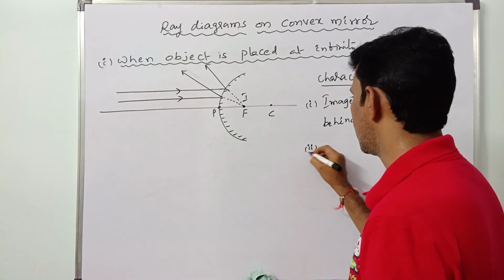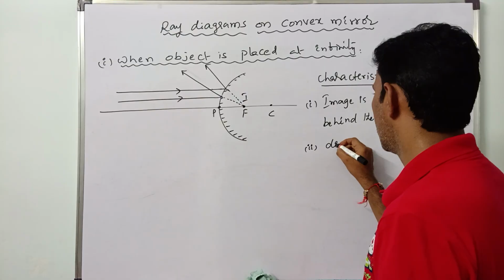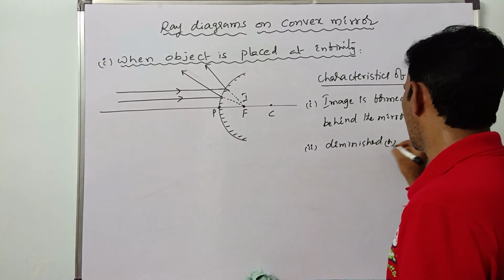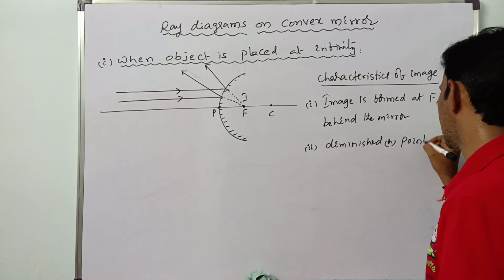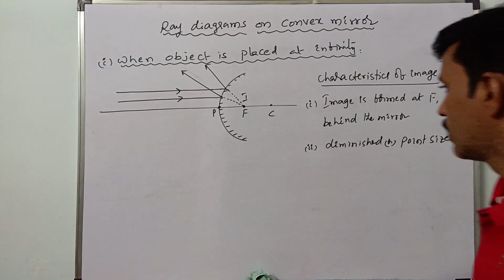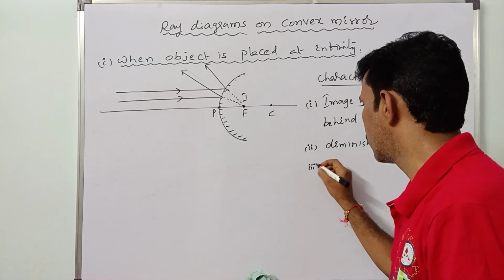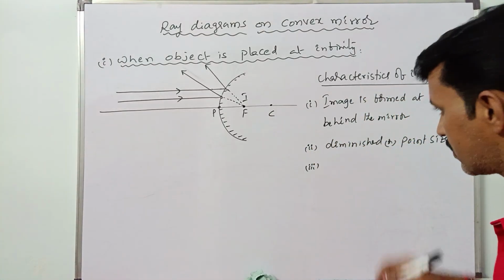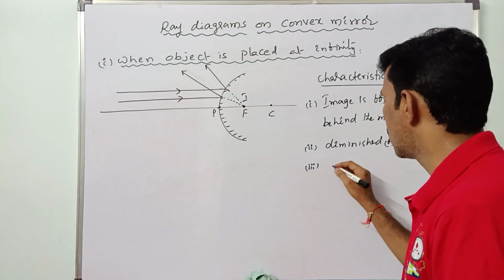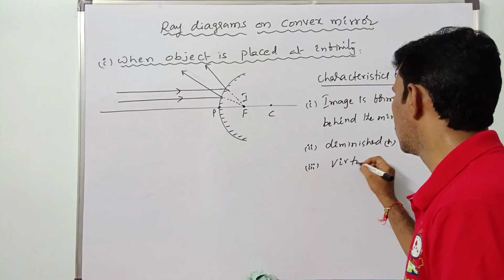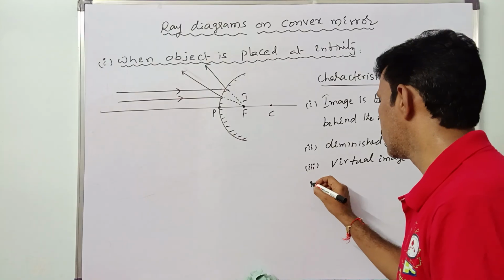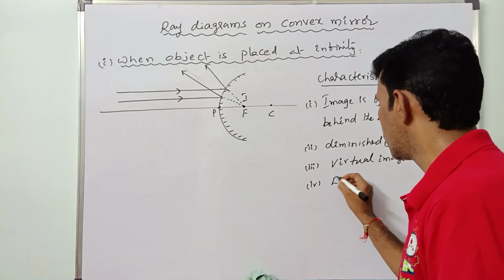Next, what about the size? Diminished image. The size is diminished or point sized. Next, third one: it is formed with dotted lines and can't be caught on a screen. That's why it is a virtual image only, and all virtual images are mostly erect images.